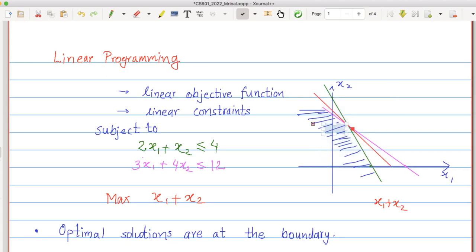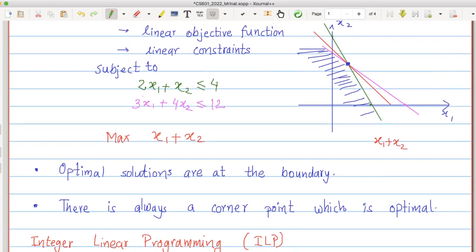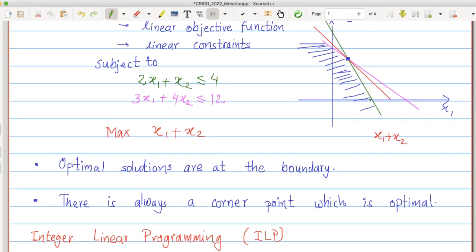So this point in blue is our optimal point for this optimizing function. So what we had seen last time, that optimal solutions are always at the boundary whenever our optimizing function is linear, and as a corollary we get that there is always a corner point which is optimal.